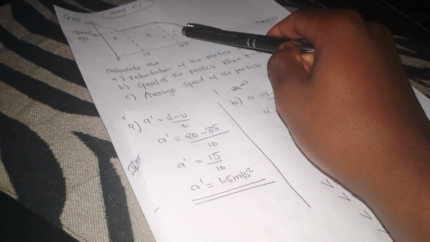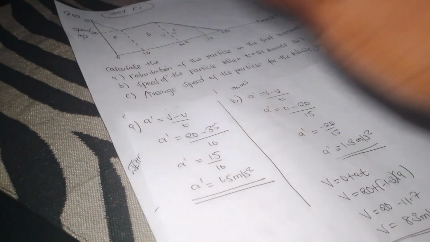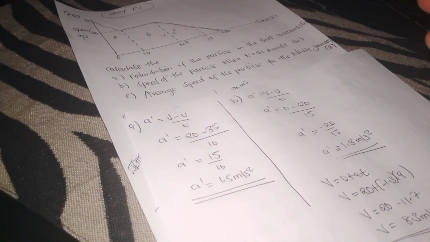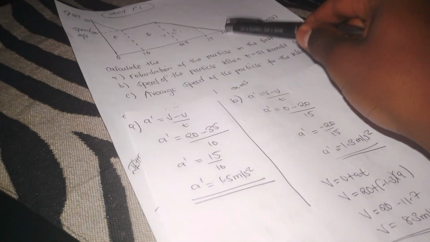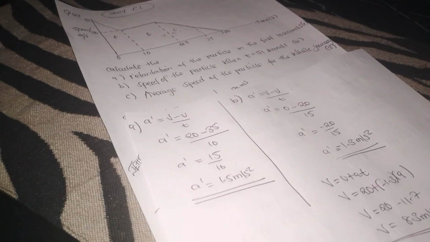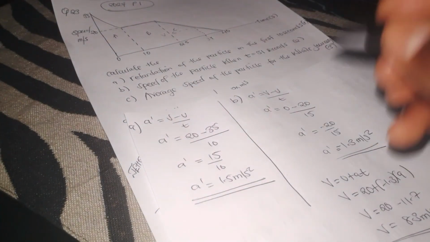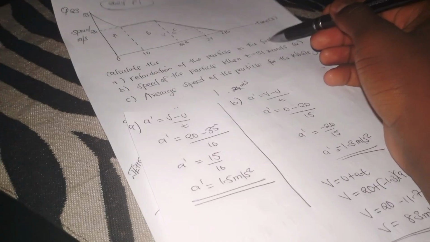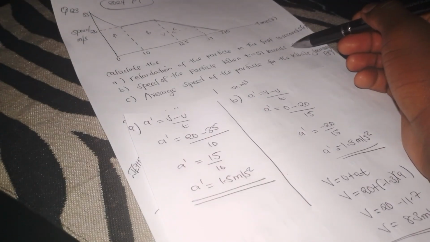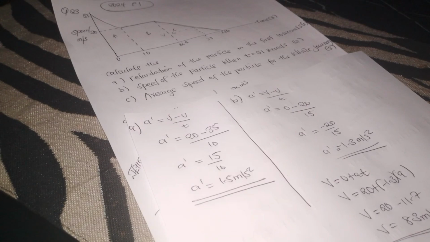Then you sum up, just add them, that's the total distance. Then to find the average speed, you just divide by the total time. The total time is 40. What you are going to get is the answer for C, and it carries 3 marks. So always the first one carries 1 mark, the second one 2 marks, then the third one carries 3 marks. Or it might not be always, but mostly.